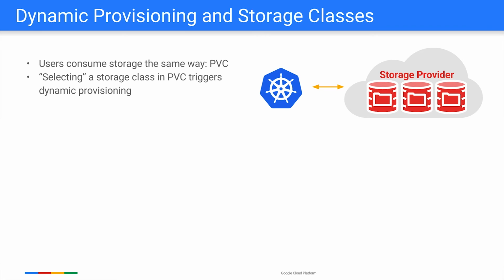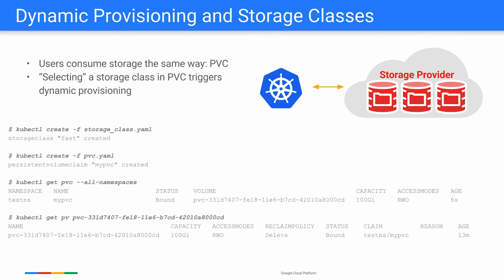When a PVC object with a storage class is created, instead of binding to an existing available PV, Kubernetes calls the provisioner defined in the specified storage class to create a new volume. In this case, it calls the GCE PD plugin, which calls out to the GCE API to create a new SSD-backed GCE PD. Once the new storage volume is provisioned, Kubernetes automatically creates a PV object to represent the new storage, and then binds it to the user's persistent volume claim.